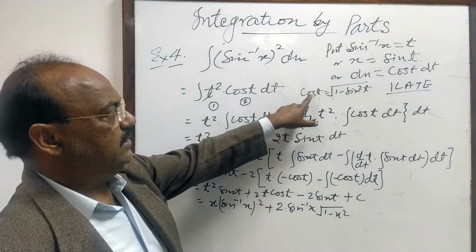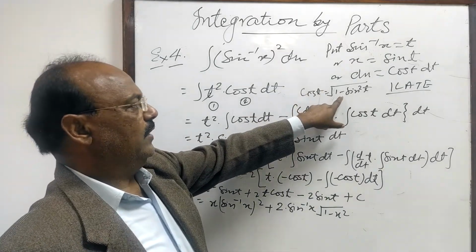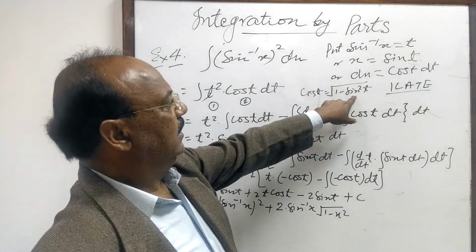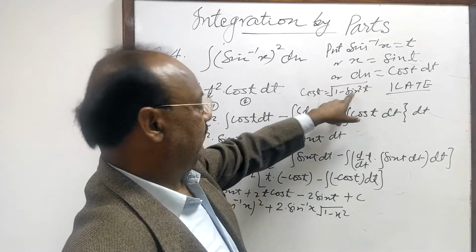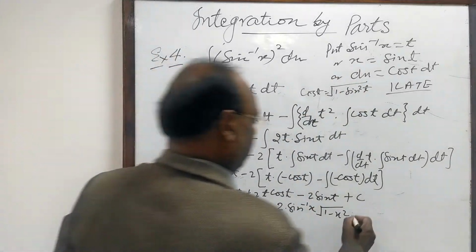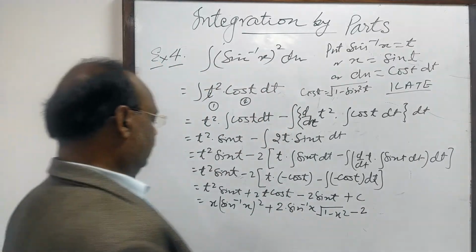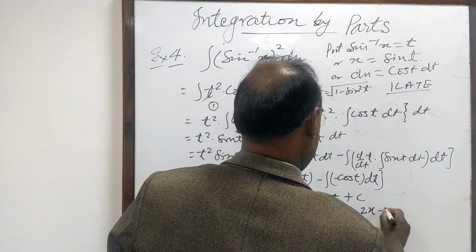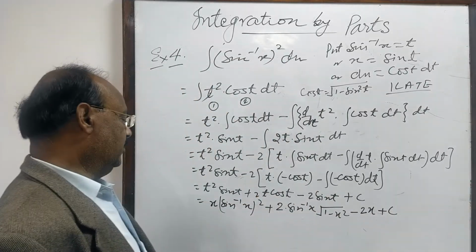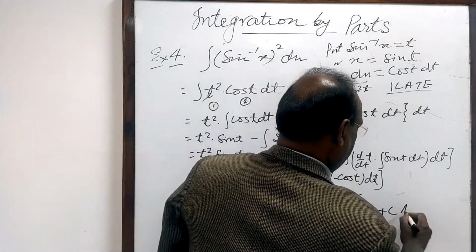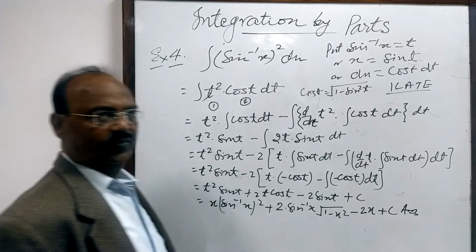Since cos t can be written as root over 1 minus sin square t, and sin t is x, so root over 1 minus x square, minus next term is 2, and again sin t is x, plus c, constant of integration. So this is the answer.